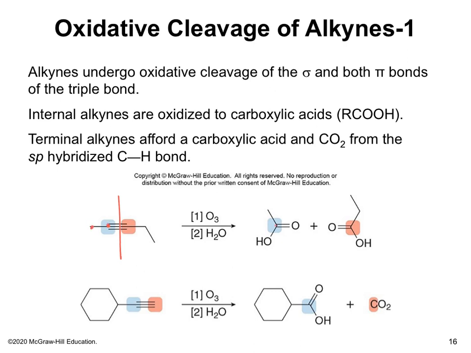You've got two carbons here, and then 1, 2, 3 carbons, and it's going to be a carboxylic acid. Here, that carbon will be a carboxylic acid, but this one, since it's a terminal alkyne, will go all the way to carbon dioxide.